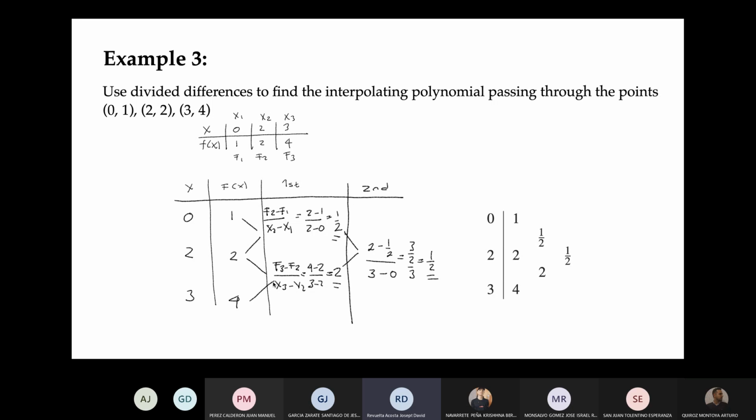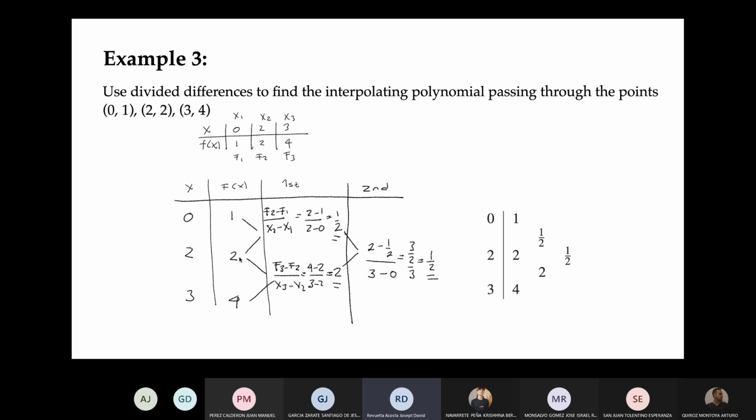For example, the intersection here is f2 minus f1 divided by x2 minus x1, which is equal to 2 minus 1 over 2 minus 0, which is 1 over 2, so 1/2.